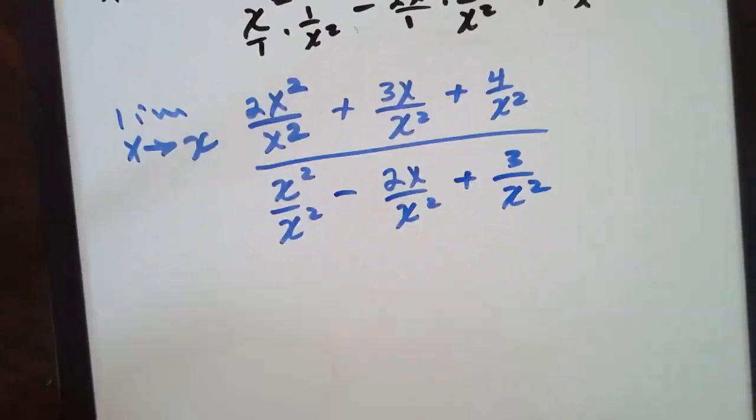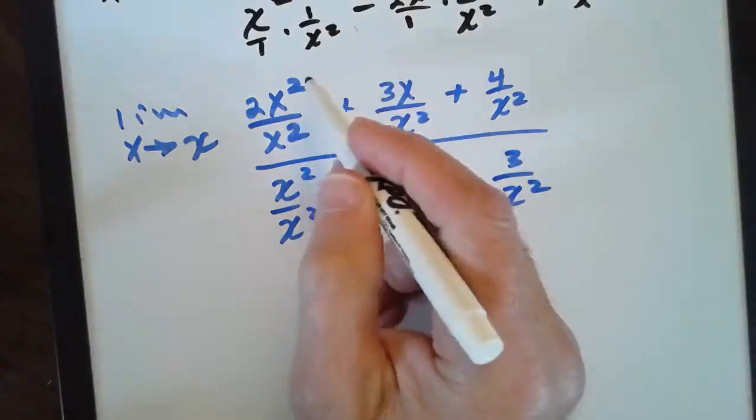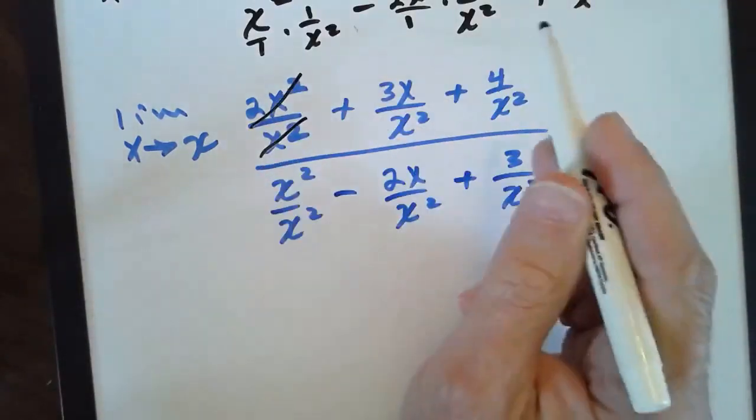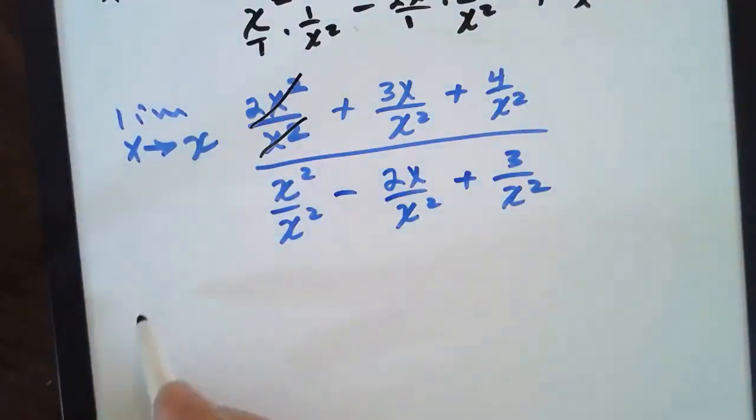Now we'll simplify. The x squared over x squared is 1, they cancel.